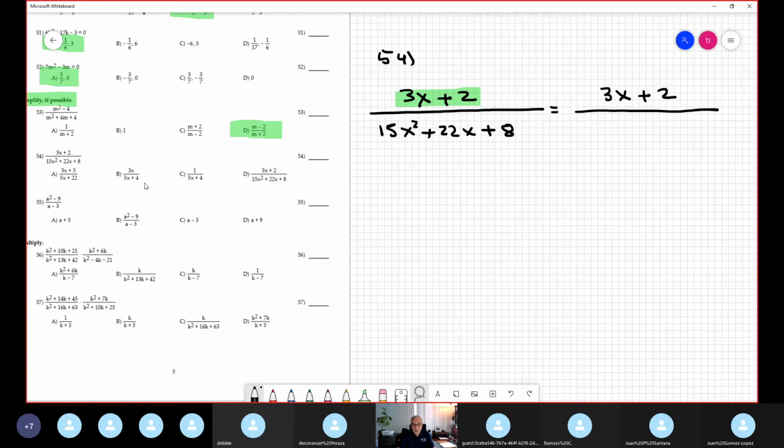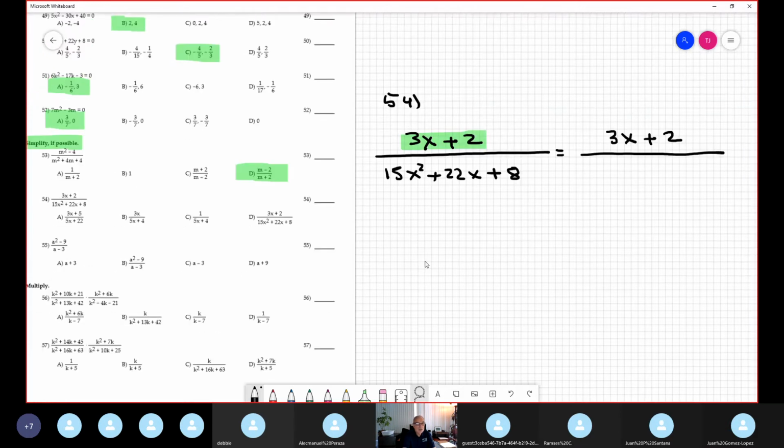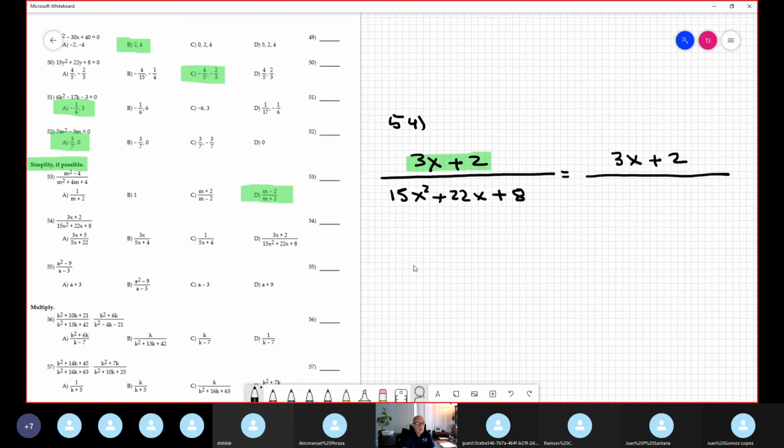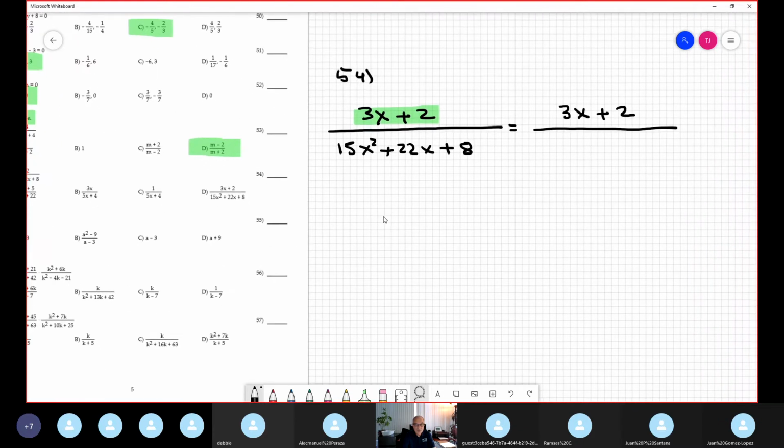However, the bottom is complicated. I suppose I did something similar before. Yes, look, it's very similar to the problem I did before. Actually, I discovered that it's special, right? Because when you multiply 15 and 8, the answer is 120.